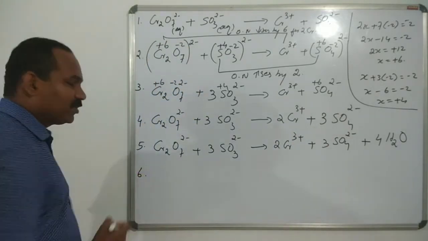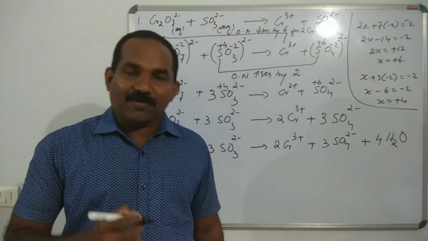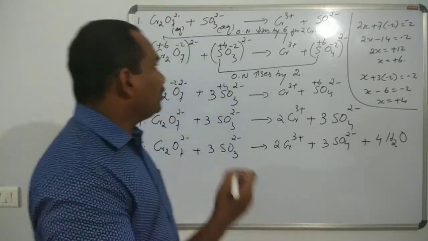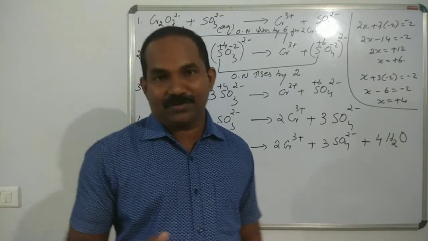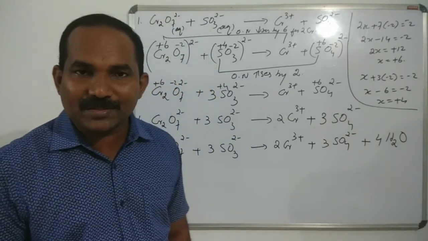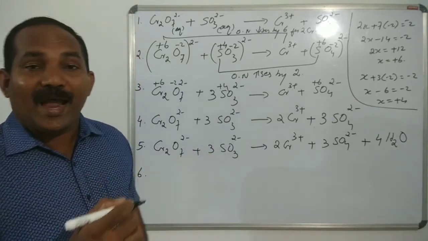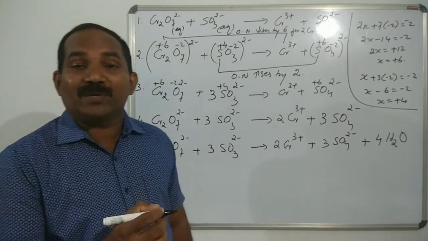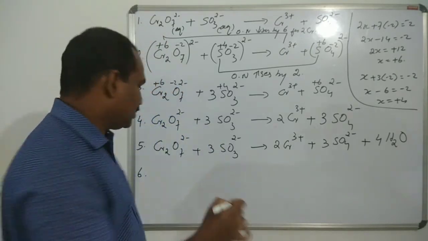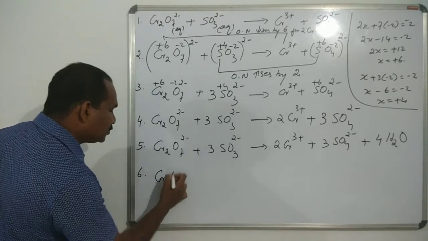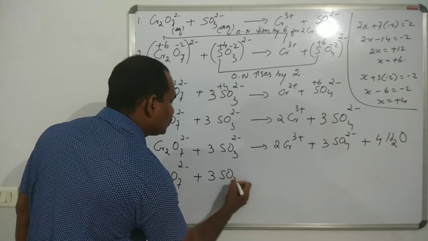And the sixth step, balance the hydrogen atoms. For balancing the hydrogen atoms, the medium is acidic. In the question, the medium is given as an acidic solution. So for acidic medium, add appropriate number of H+ ions in the deficient side of hydrogen. Cr2O7 2- plus 3SO3 2-.